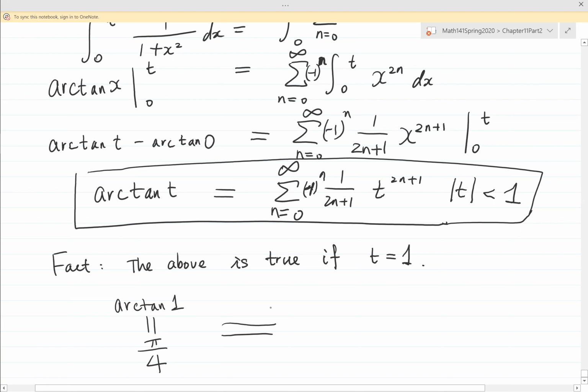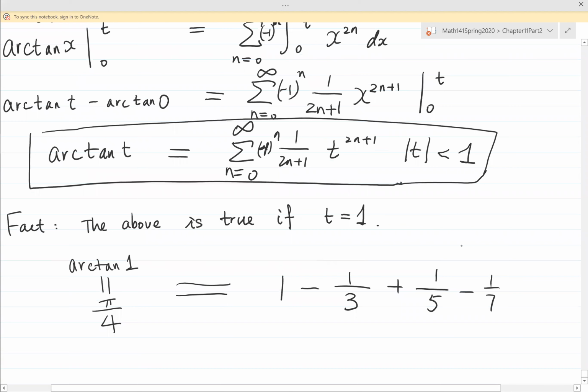On the right side, you plug in t equal to 1. When n is 0, you get 1. When n is 1, you get 1/3. If you plug in n equal to 2, you get 1/5.